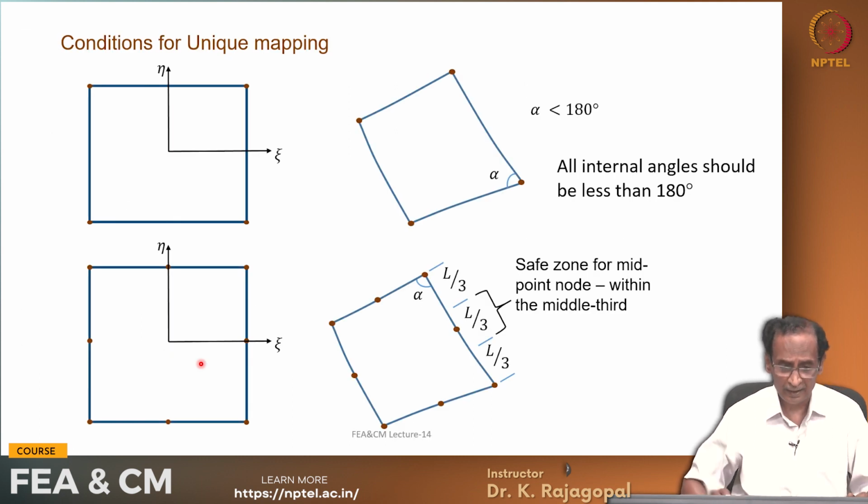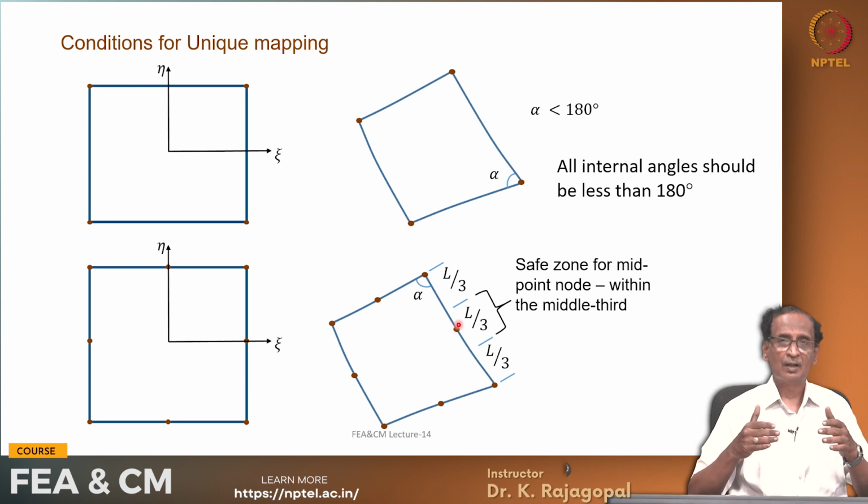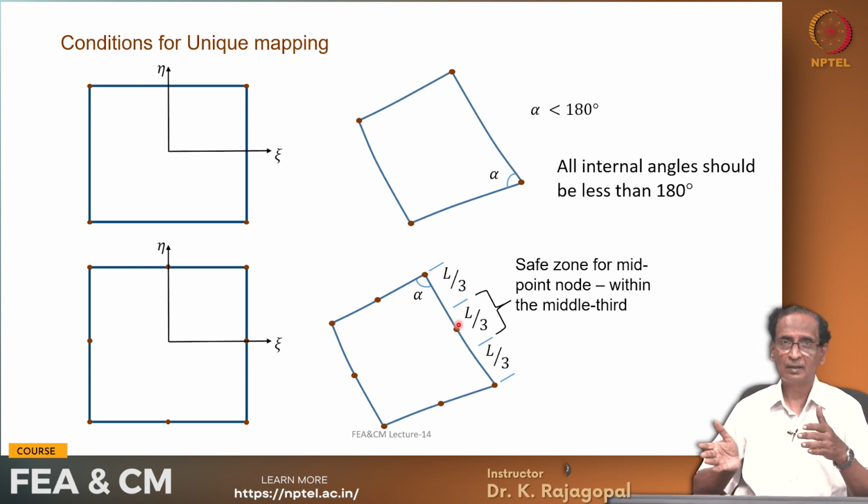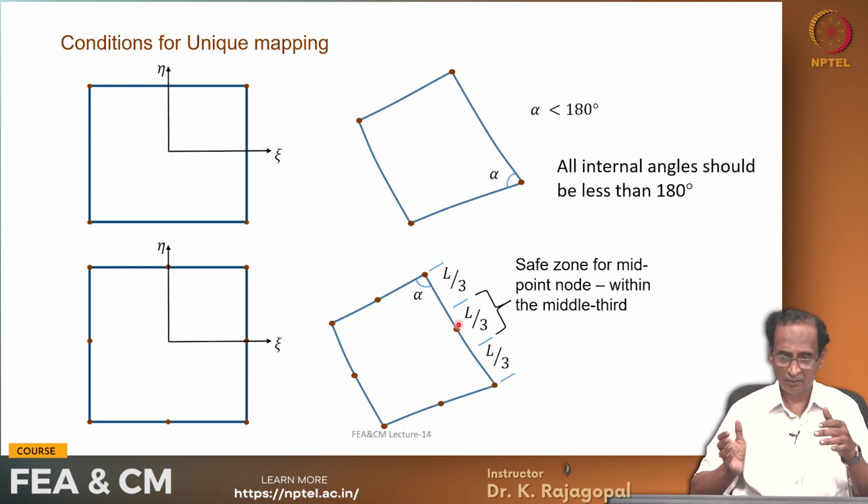And what are the conditions for the unique mapping? So we need to have an element with all internal angles less than 180 degrees, and then if you have any intermediate nodes along any line, they should not be too far away from the center, like we have this middle third rule.